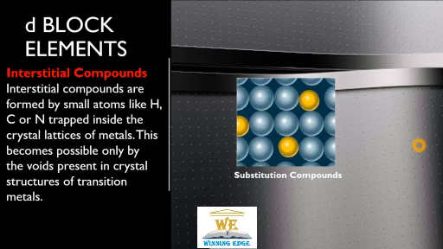We're getting a substitution compound or alloys. Now, the other possibility is small atoms occupy the voids or interstitial spaces. That's why these are called interstitial compounds, because small atoms occupy the interstitial space between the transition elements.